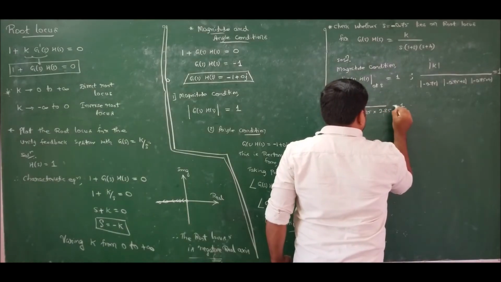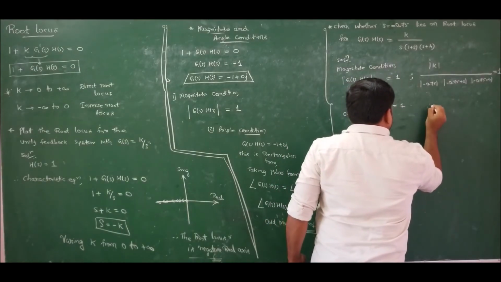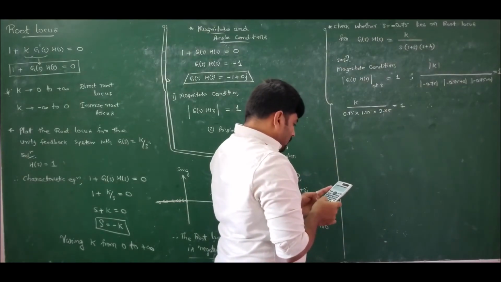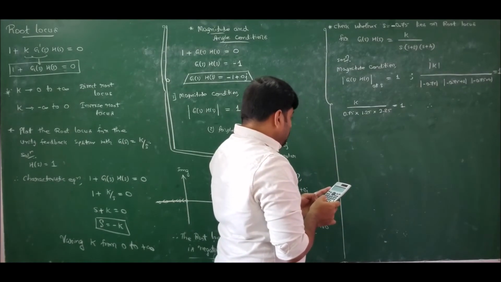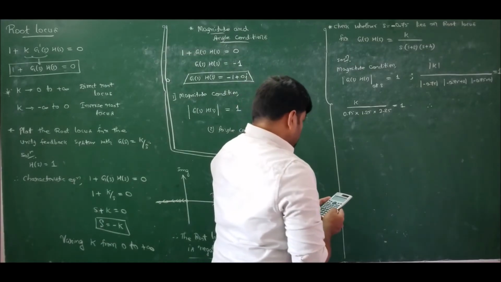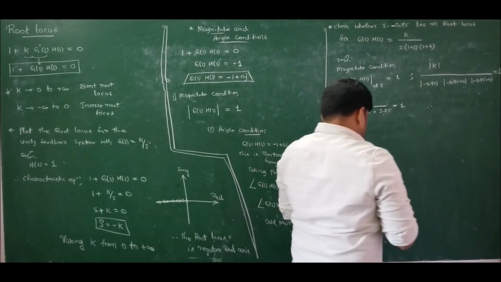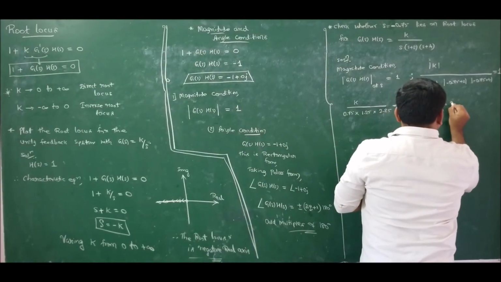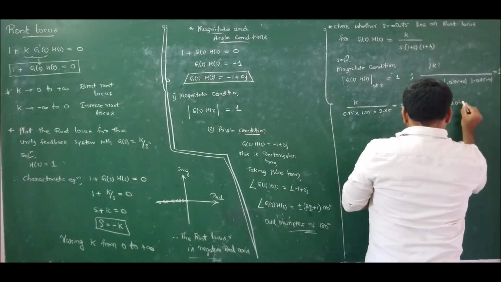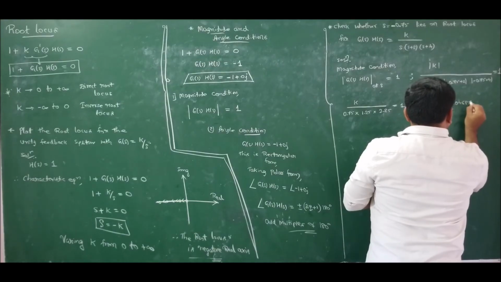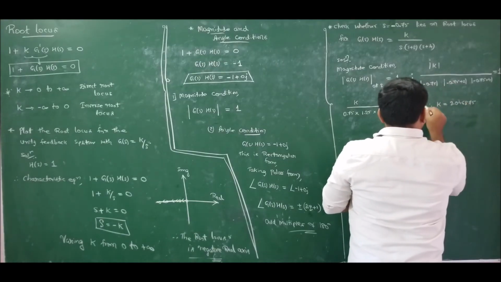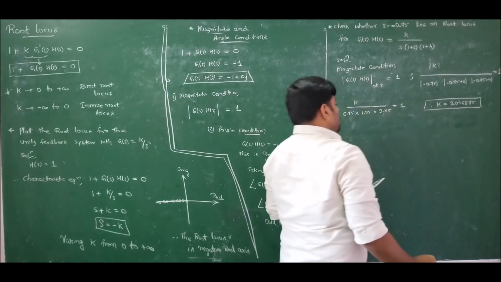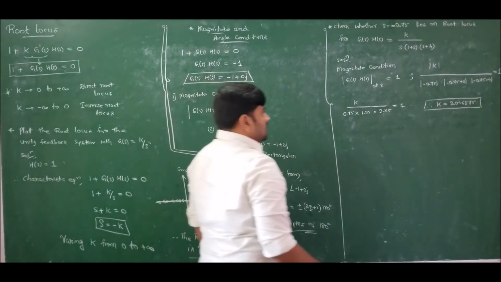This must be equal to unity. Hence if I solve, K will become 0.75 into 1.25 into 3.25. That is, the value of K is turning out to be 3.046875. So I got the value of K.